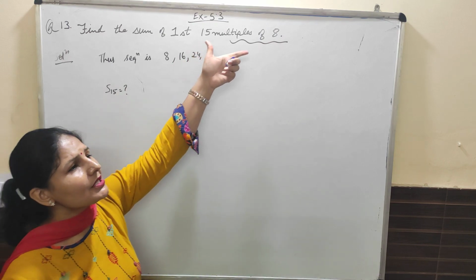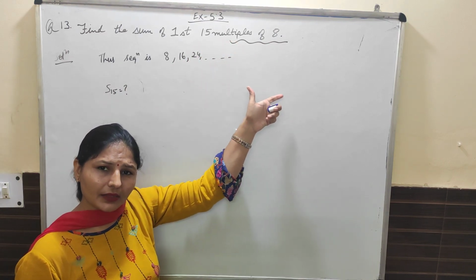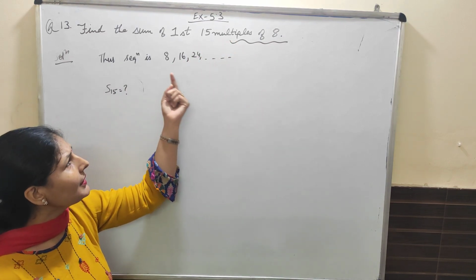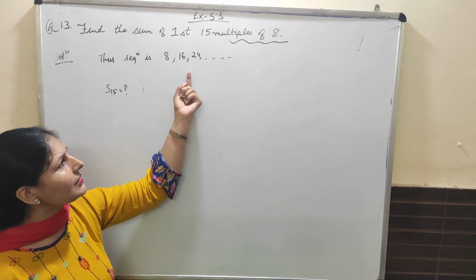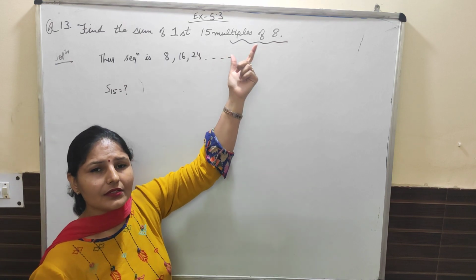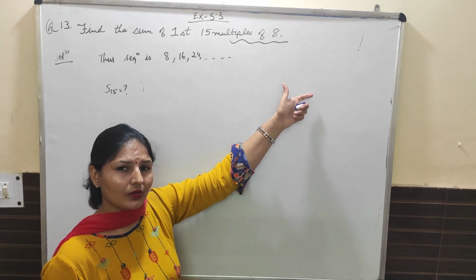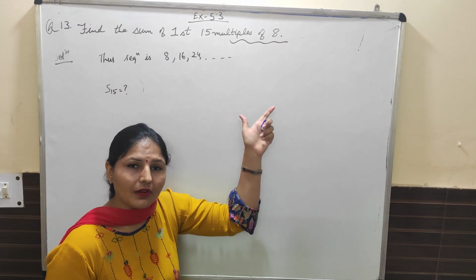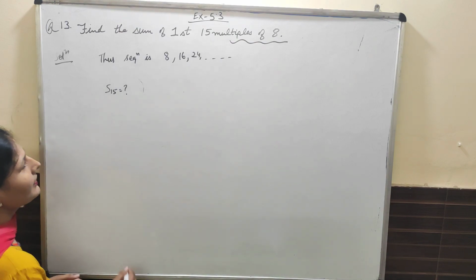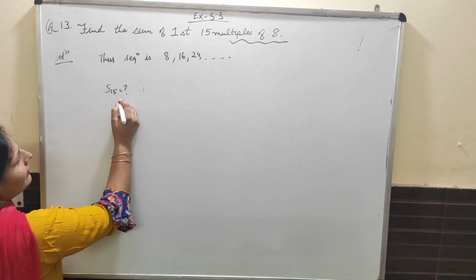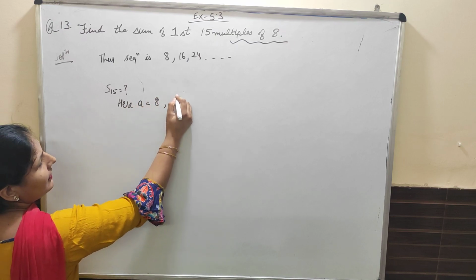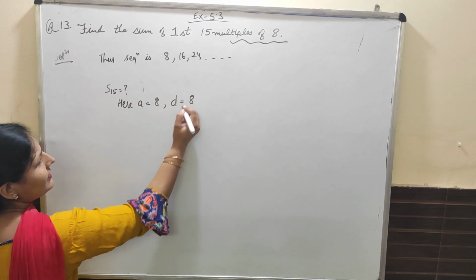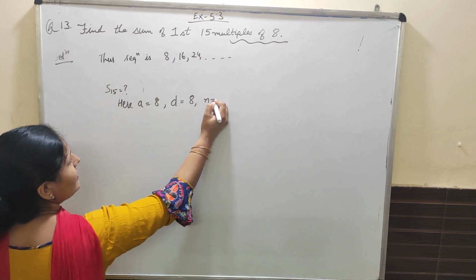Multiples of 8 means the table of 8. Where will we find multiples? In the table of 8. So the table of 8: 8 times 2 is 16, 8 times 3 is 24, 8 times 4 is 32, and so on. And we have to find the sum of 15 multiples here. So here A is 8, D is also 8 and N is 15.